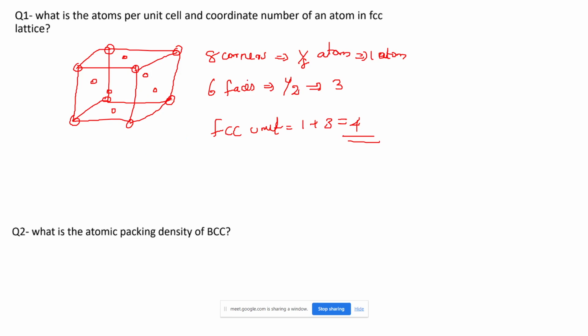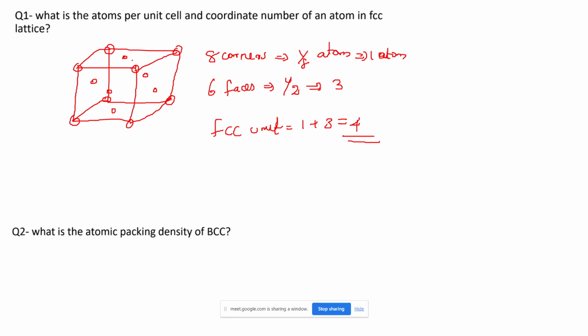Now how do we find the coordination number of it? That is the next question here, right? So now if you consider the FCC lattice, the face-centered atoms are the nearest to the corner atoms.